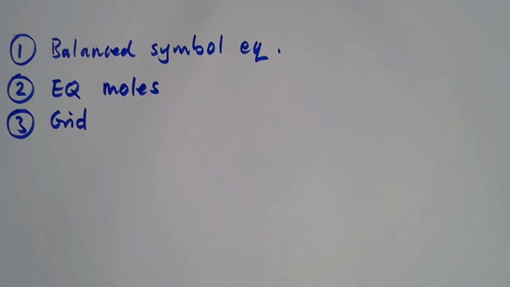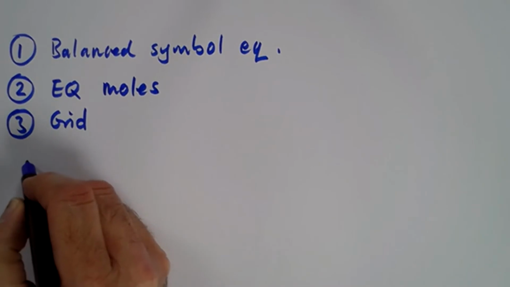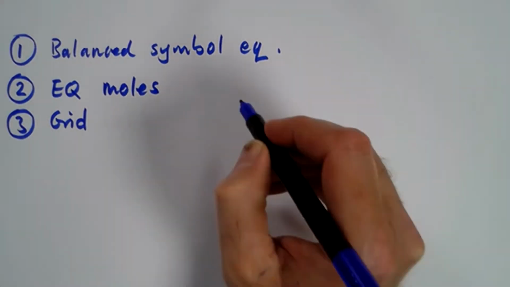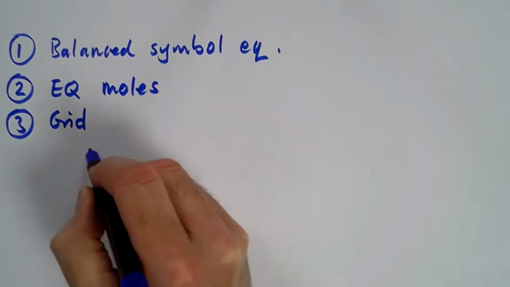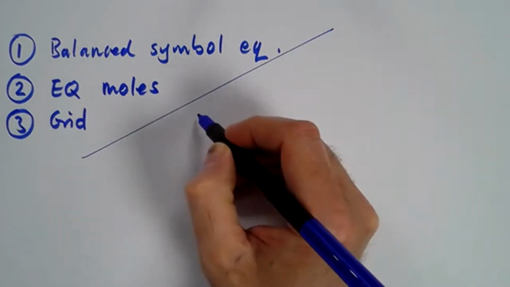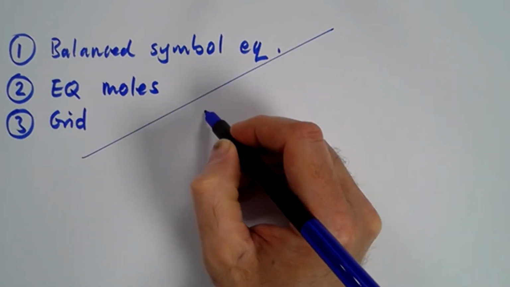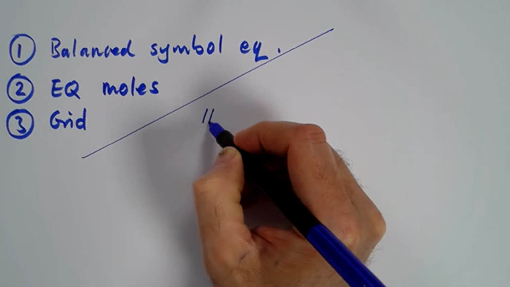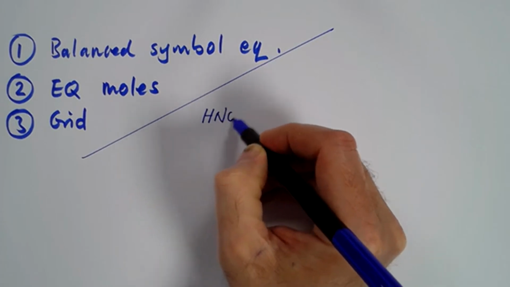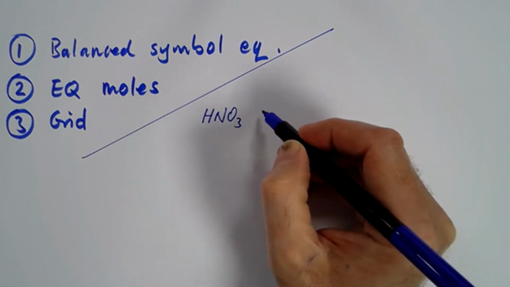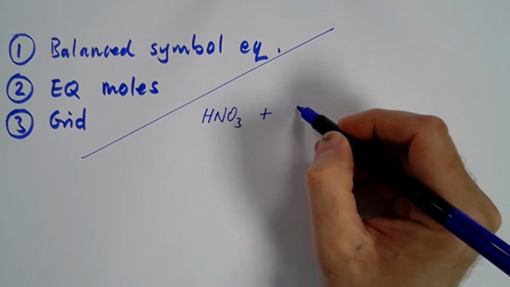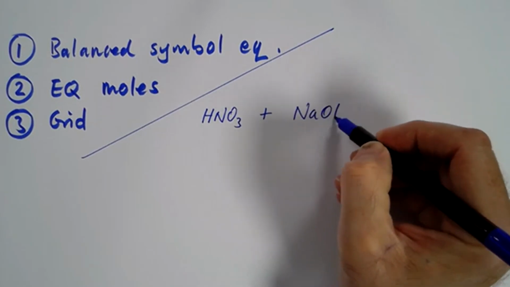Okay, right. So first things first, the balanced symbol equation. Now we were given this in the question, so we're going to write that out. Let's divide this like this, and we'll write it out here. So we've got nitric acid, HNO3, and we're reacting it with sodium hydroxide, NaOH.